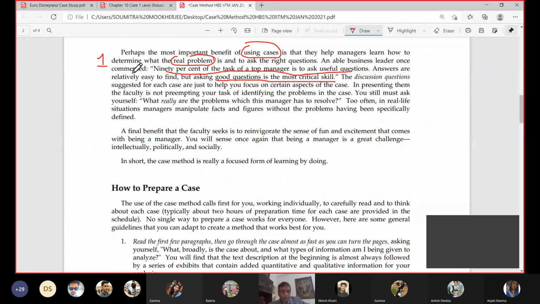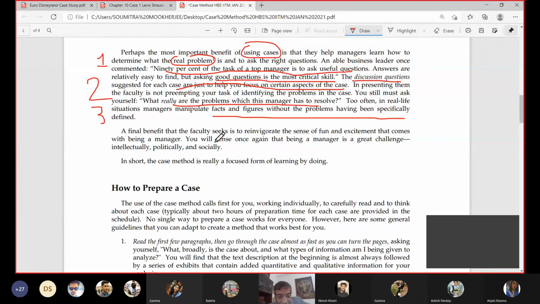What are the questions you're asking yourself? The discussion questions are aimed to help you identify, by referring to the case, which refer to certain aspects of the case, what really are the problems for which you need to find solutions? So A, problems, ask questions, and what could be fantastic solutions to this?